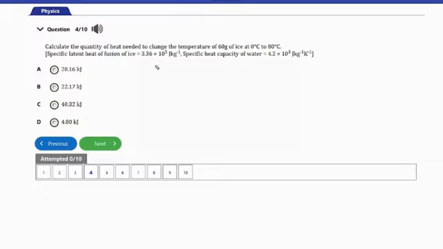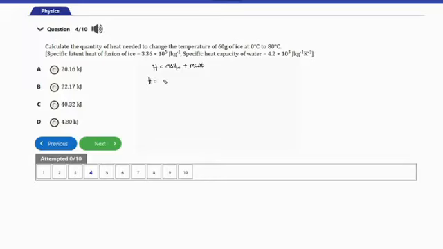So guys, here we're going to have the total heat to be M into delta H of fusion, that's the mass times the specific latent heat of fusion, then plus MC delta T. So here we're going to substitute all these using the appropriate numbers.